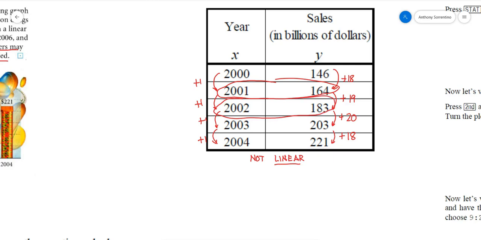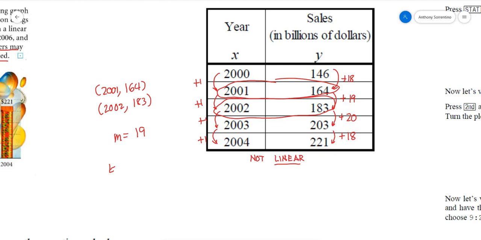If I use those 2 points, 2001, 164, and 2002, 183, I already got the slope to be 19, which is in billions of dollars per year.